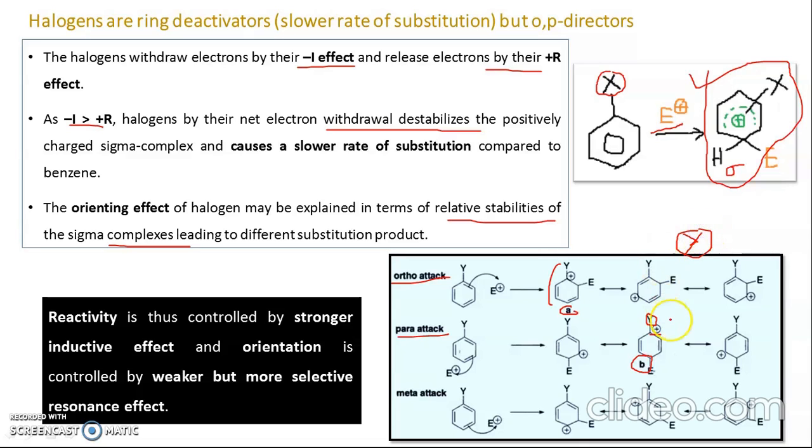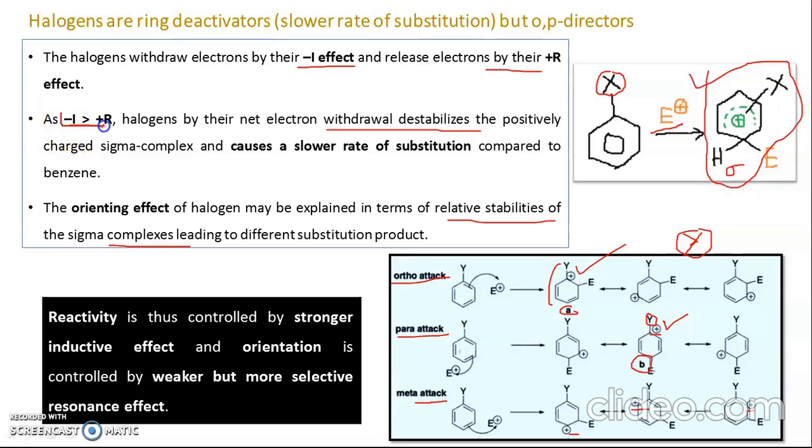So if you consider the negative inductive effect, obviously this will destabilize this positive charge, but that is not present in meta attack. In all the resonance structures you will see the positive charge is not close to Y. But here another effect we also have to consider when we are talking about orientation, that is the plus R effect.